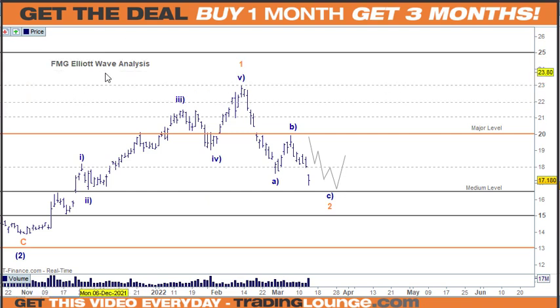And FMG, we're looking at this as, well, we knew that that had 5 waves in it, so we knew that after a correction we'll get another 5. So in this case we've got 1 and 2, and we're in for the third wave. We're looking for 5 waves. That's going to take us down a bit further.